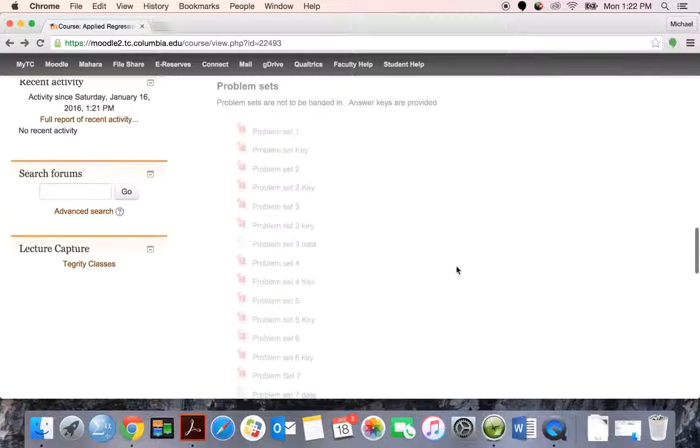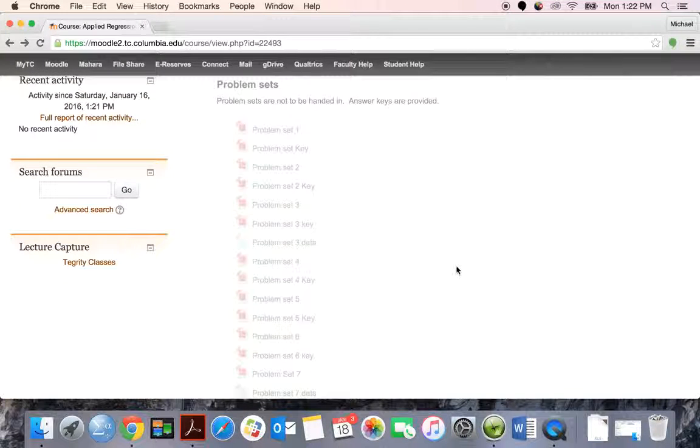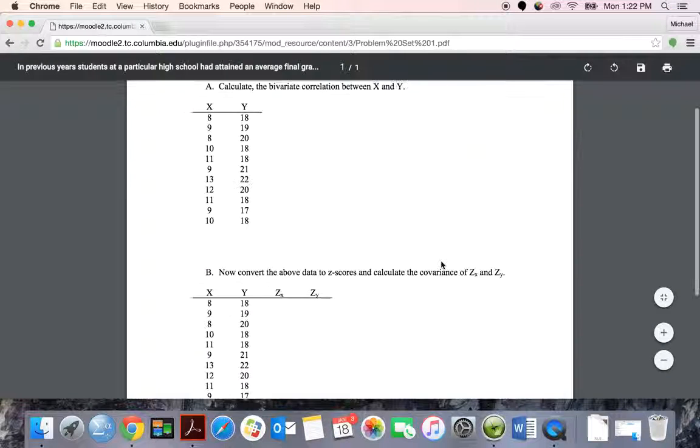Another important part of the content for the course are the problem sets. Essentially these problem sets will appear as well, and they mirror the content, and the keys are posted right along with them. These are not handed in. These are for extra practice, essentially. And I strongly suggest that you try to complete the problem set first.